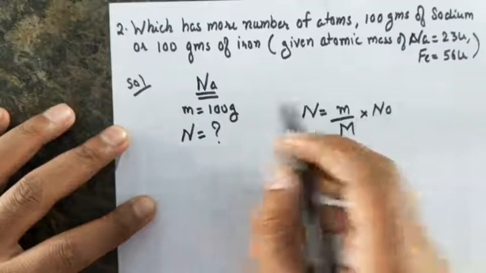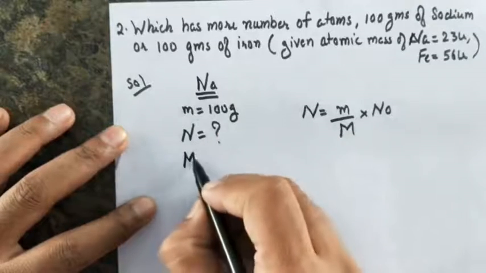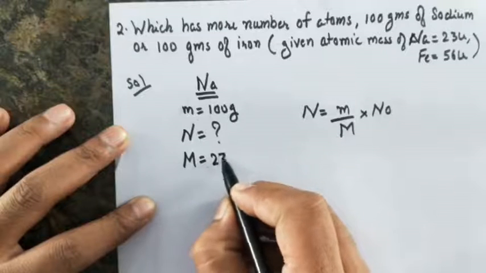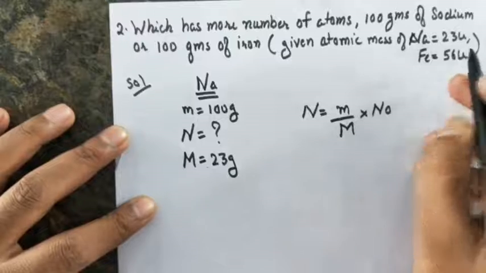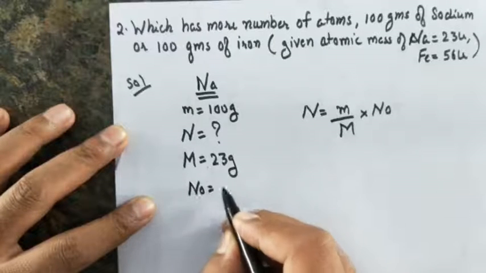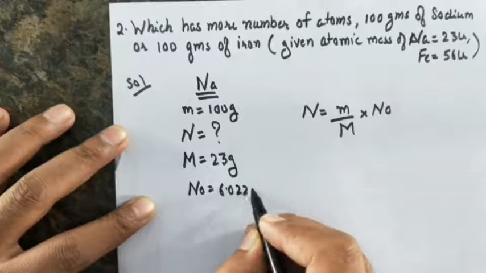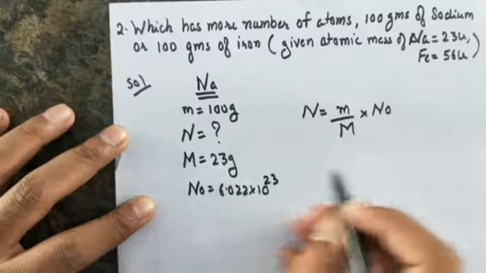So in this case, because it is sodium, therefore molar mass will be equal to 23 grams, because atomic mass is 23 U, and we know that N naught is always equal to 6.022 into 10 raised to 23.